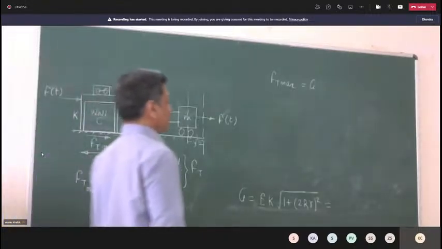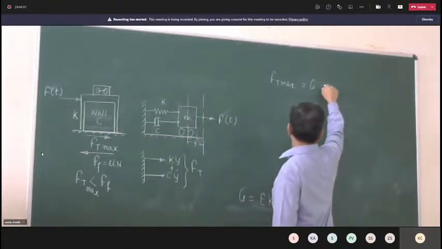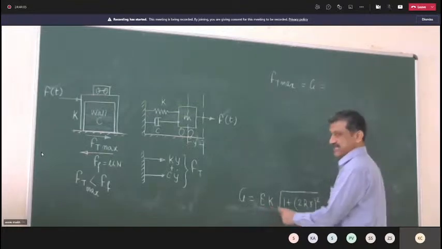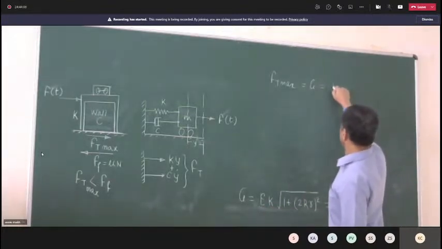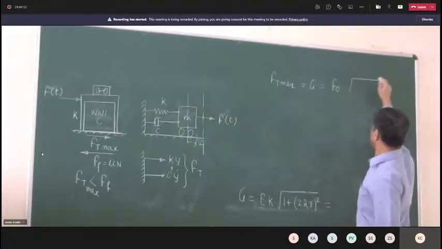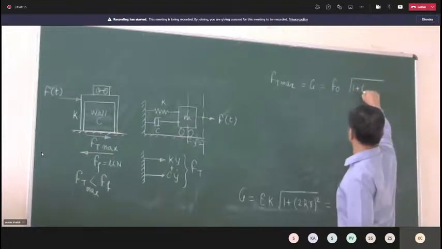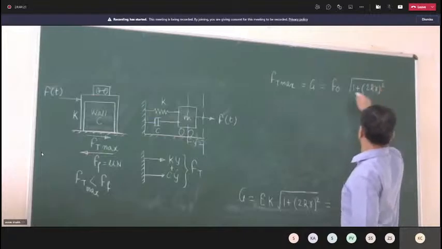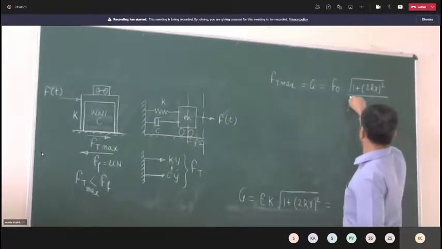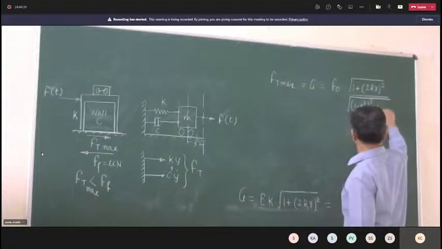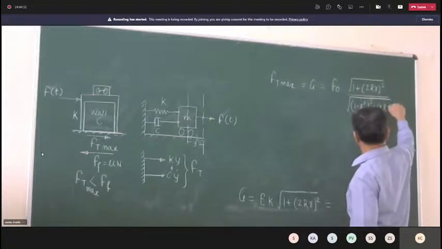So maximum force transmitted to foundation, you will get F0 upon K and this K will get cancelled. So this F0 into under root 1 plus 2 RR square divided by under root 1 minus R square square plus 2 RR square.